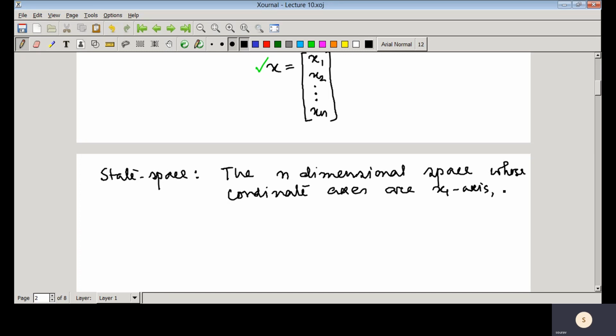That means each axis is represented by one state variable, x2 axis, and so on. So you have xn axis is called a state space. So if you have n number of state variables, it is n-dimensional state space.